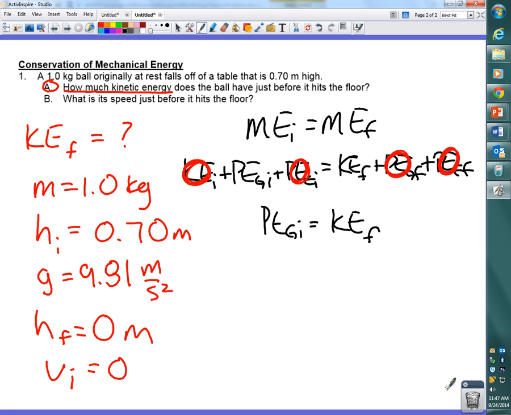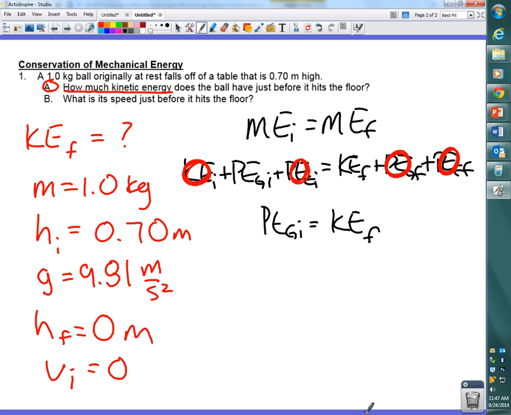Does that make sense? So even though mechanical energy is conserved, we don't have a lot of kinds of mechanical energy at certain times in this problem, so we can simplify it down to just this equation. Okay? All right. So that means if we know how much gravitational potential energy something has at the beginning of the problem, we will know how much kinetic energy it has at the end of the problem.